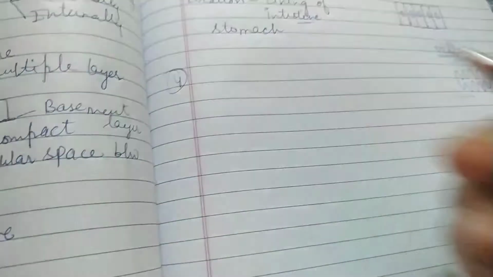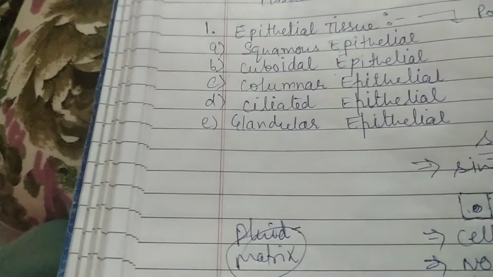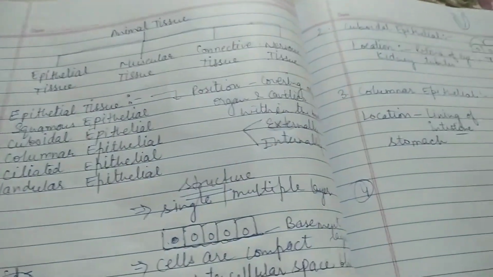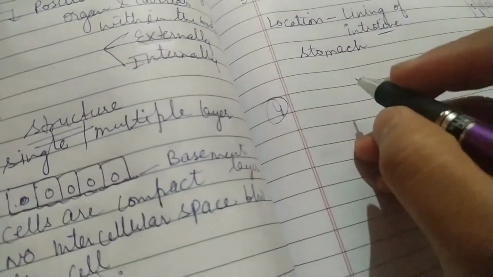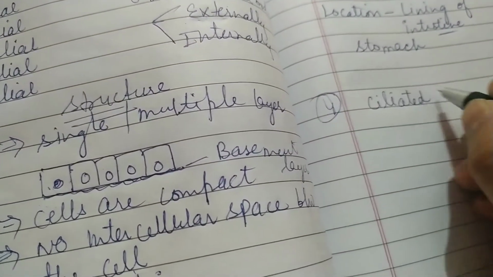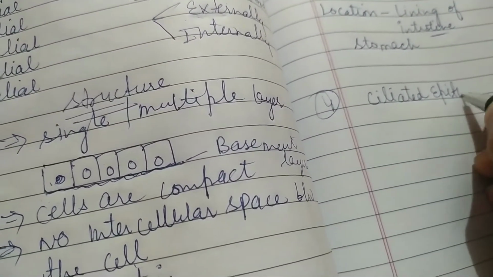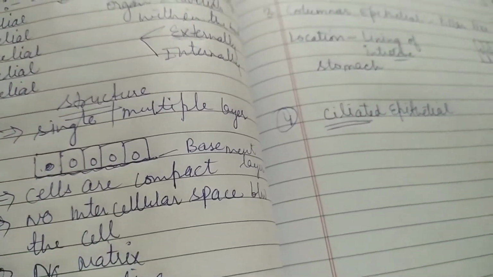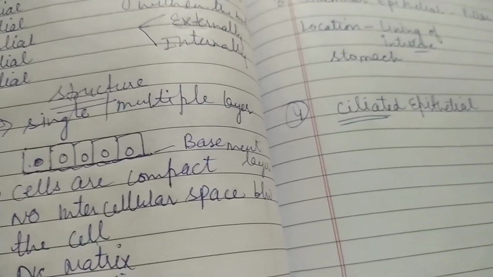So let's move to our fourth type. What is the fourth type? That is ciliated epithelial. As you know, cilia, right?